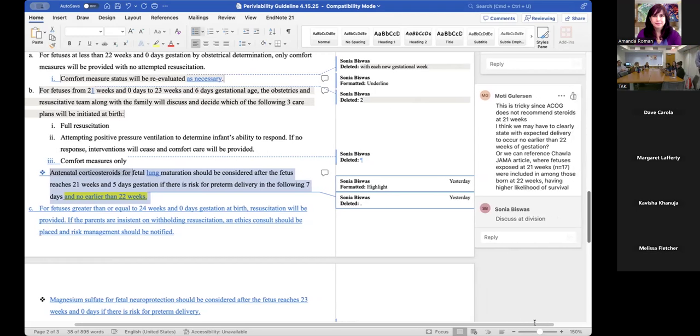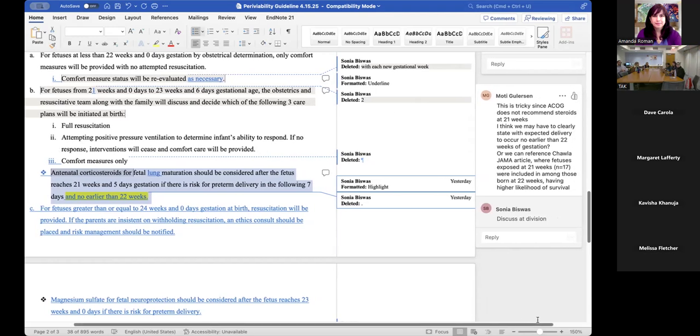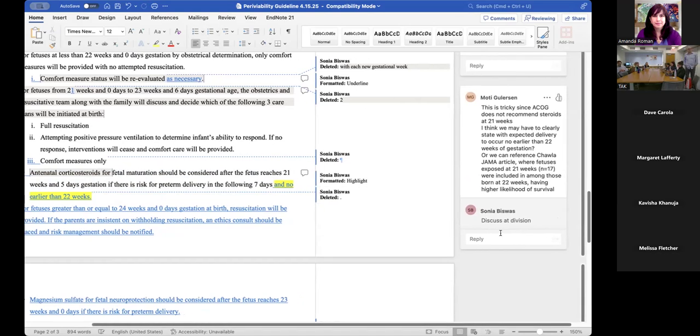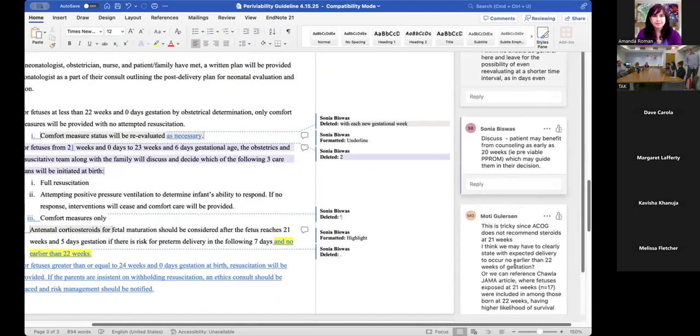One minor thing: we used to say fetal lung, but steroids at this stage change NEC, IVH, death. So I wouldn't call it fetal lung. I would call it fetal maturation because it's a lot more than RDS or BPD. But yeah, if it's okay with the neonatologist, I think 21 and 5 for steroids is reasonable. What do you think?